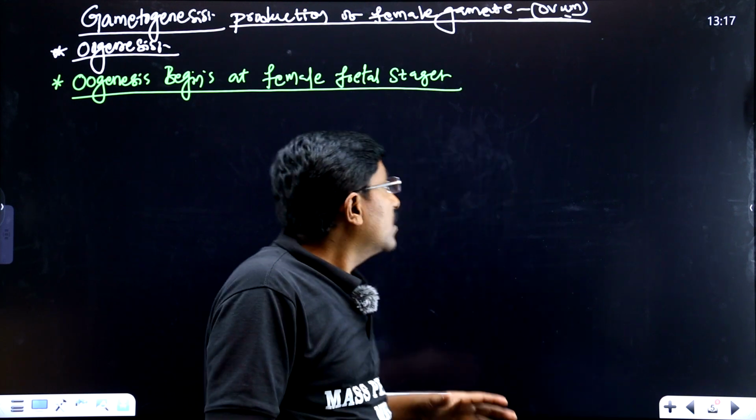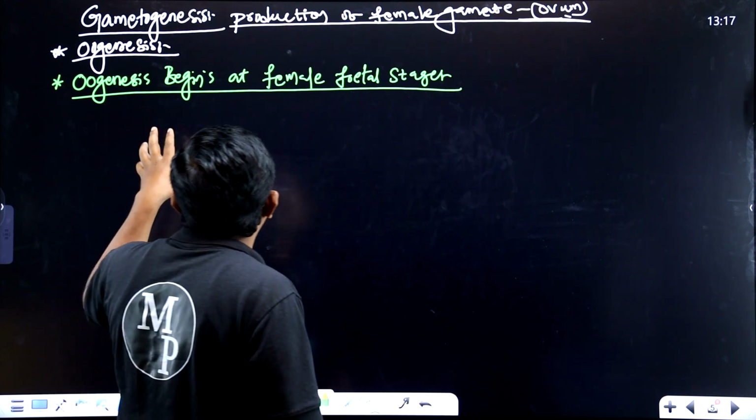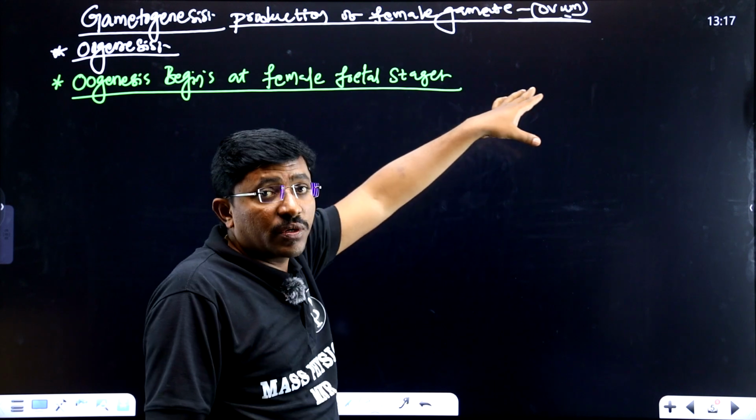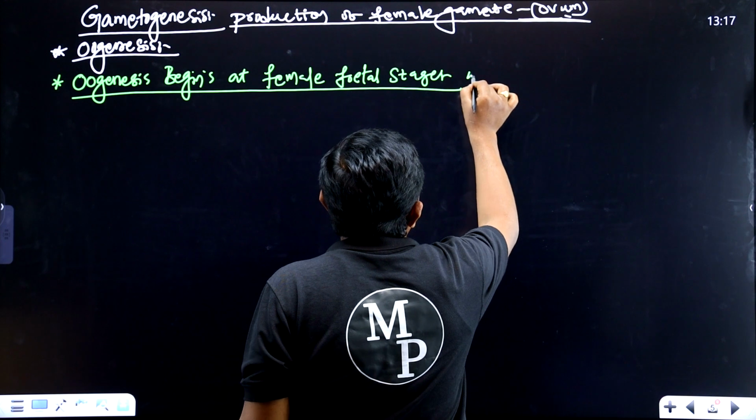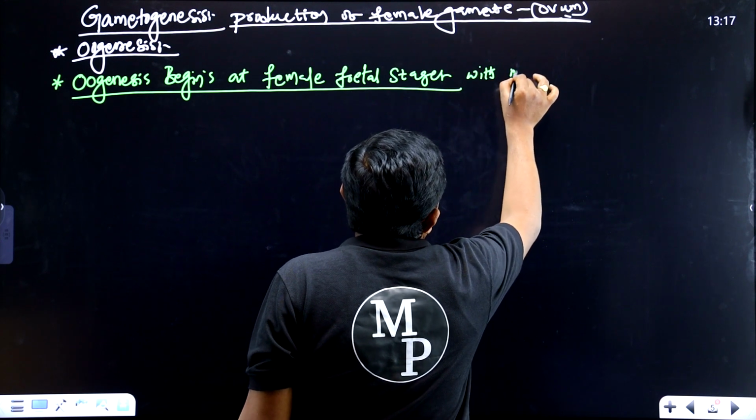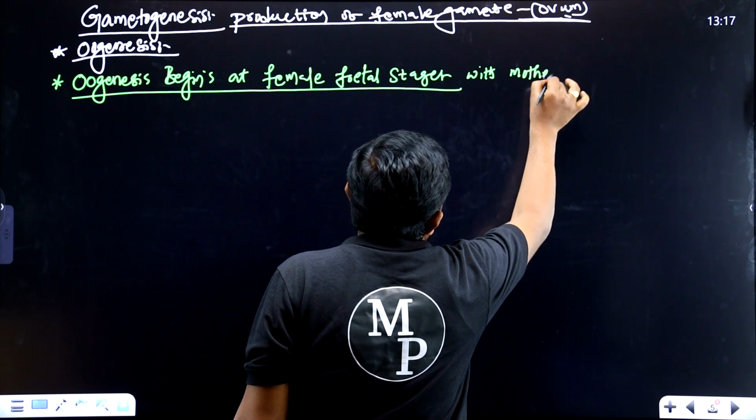ఓకే, సి ద oogenesis begins at the female fetal stage only, with the mother gonadotrophins. Fetal oogenesis with mother gonadotrophins.